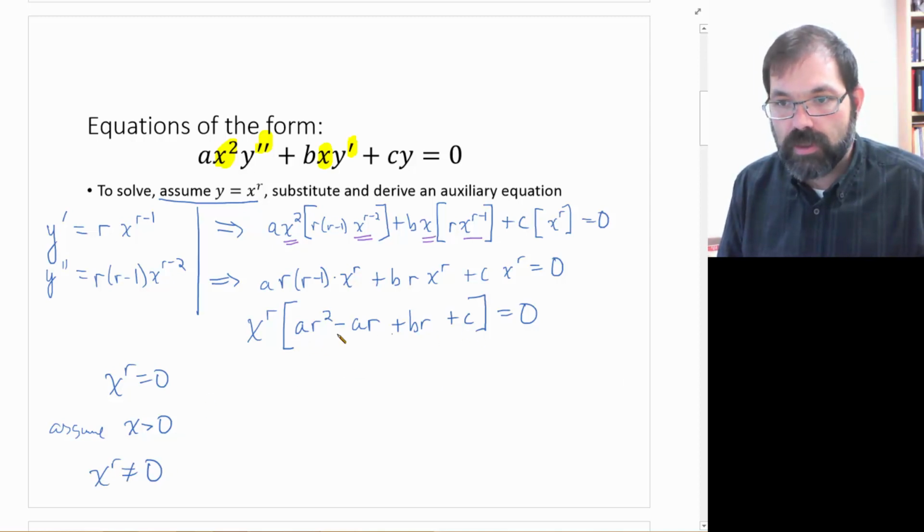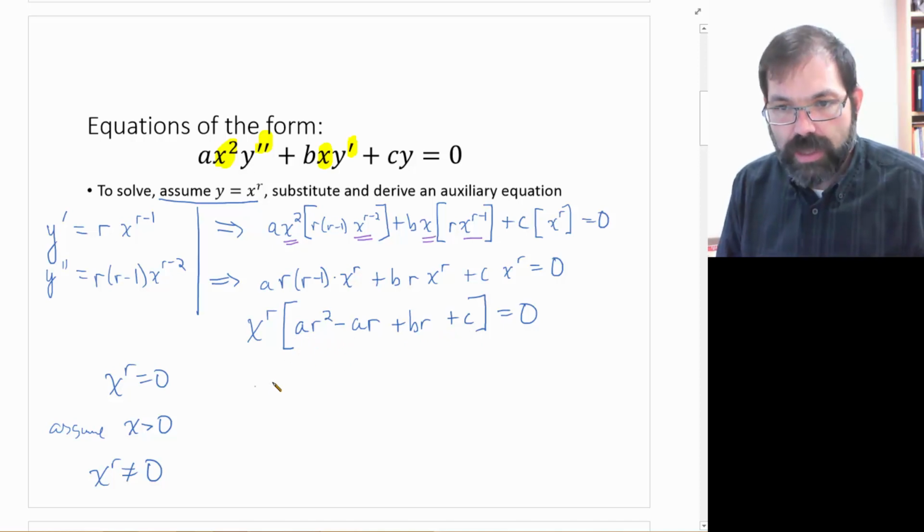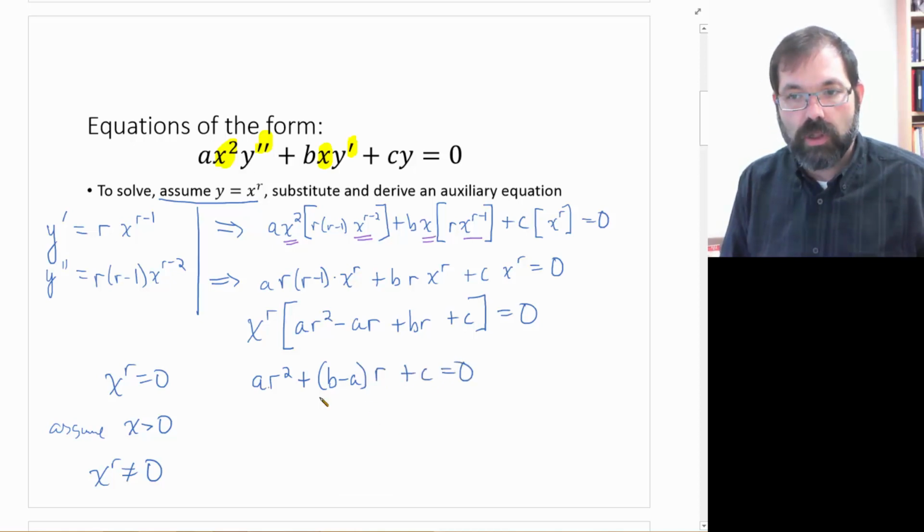Let's focus on the characteristic equation, which now becomes ar squared, and I can write the second term as plus b minus a times r, and then plus c. We need this to equal 0.